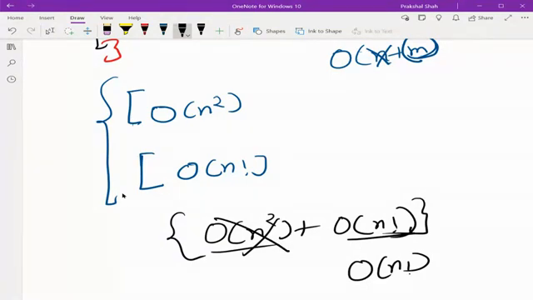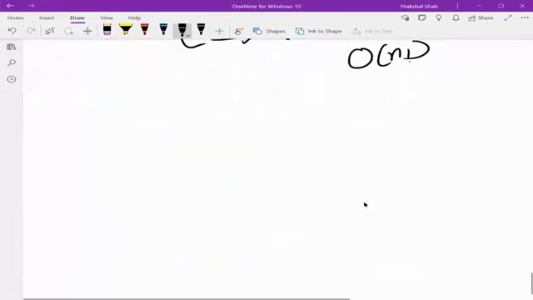Right. Now, if you got this particular thing, you remember we did multiple examples of this. Let's say I have something like this.